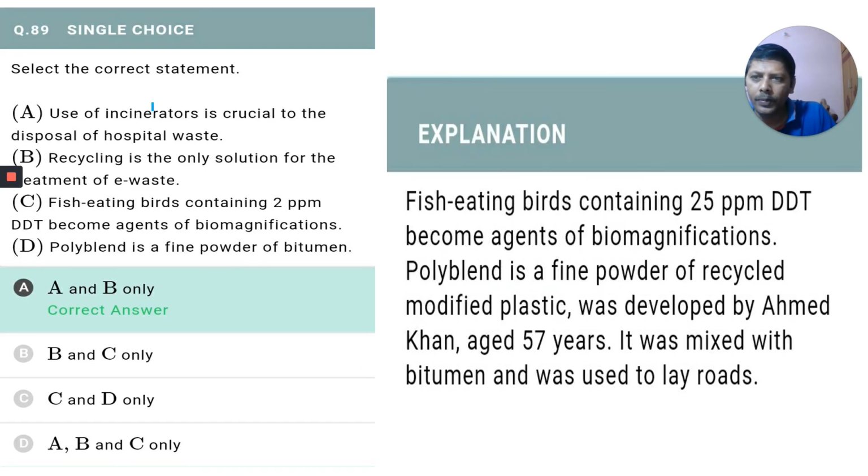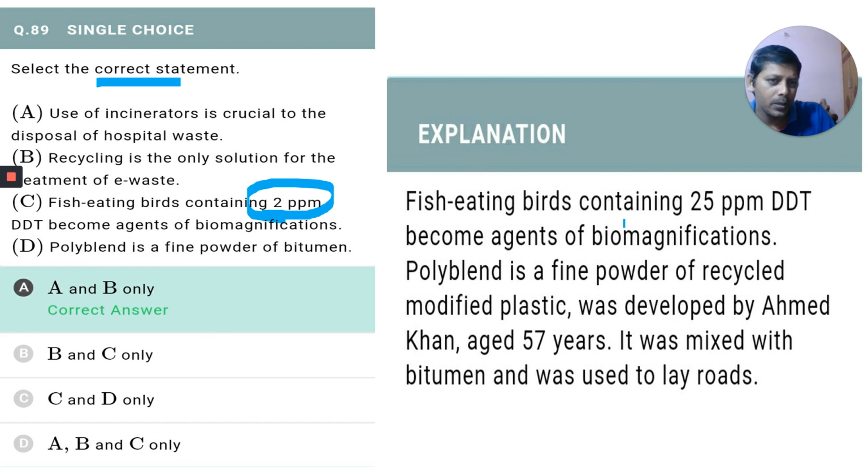Next one. Select the correct statement. The use of incinerators is crucial to the disposal of hospital waste. Recycling is the only solution for the treatment of e-waste. Fish eating birds contain 2 ppm, and polyblend is a fine powder of bitumen. Correct statements are A and B. What is the correct one here?